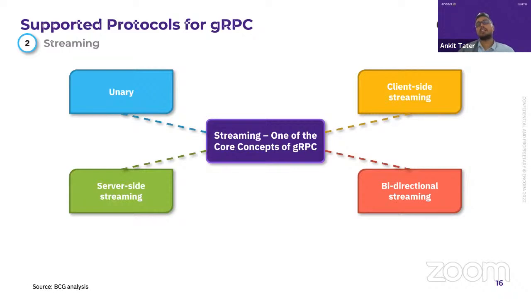The client will call a backend, and the backend will give the response. In case of client streaming, it is similar to the unary RPC, except the client sends a stream of messages to the server, and the server responds with a single message.